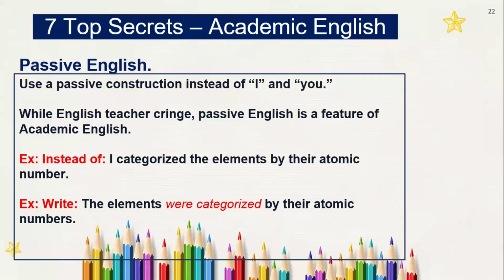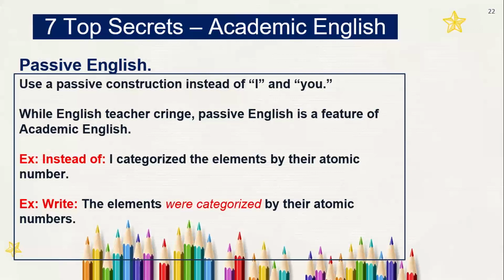All right. Example. Instead of, I characterize the elements by their atomic number, you could simply write, the elements were categorized by their atomic numbers.